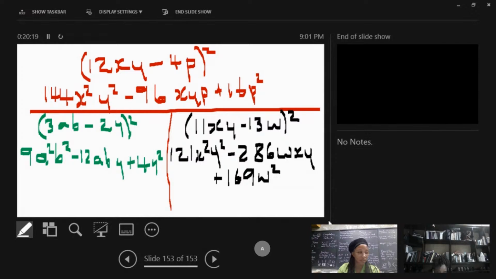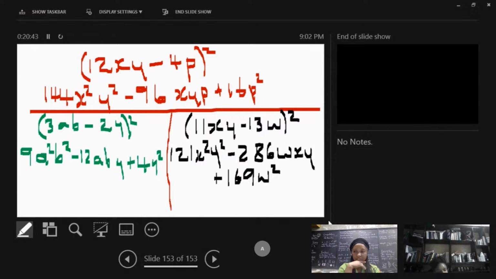That's the formula, right? So each person say the formula for me, please. A minus b squared equals a squared minus 2ab plus b squared.